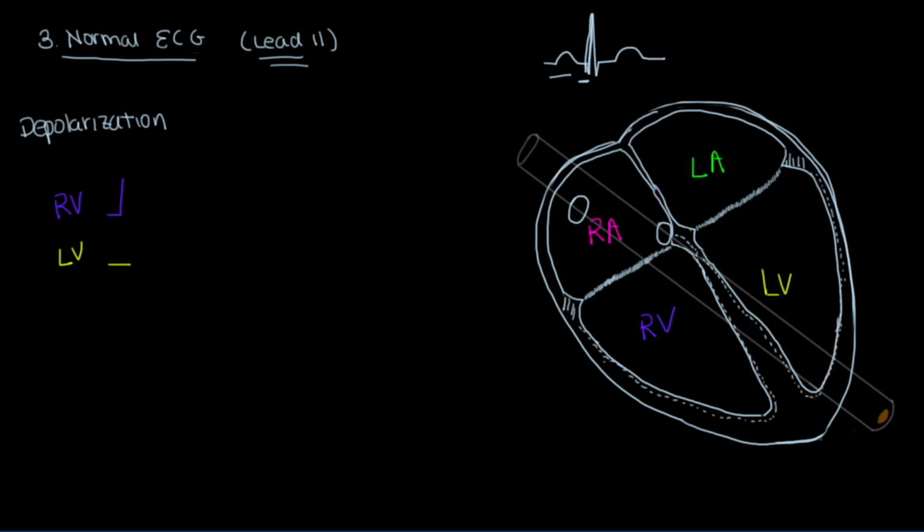That is until you get to the second part of depolarization of the rest of the ventricle, where the right ventricle, you can see here, the rest of the right ventricle is all depolarizing. And if you had to guess, maybe the overall movement of the charge is kind of like in this direction.